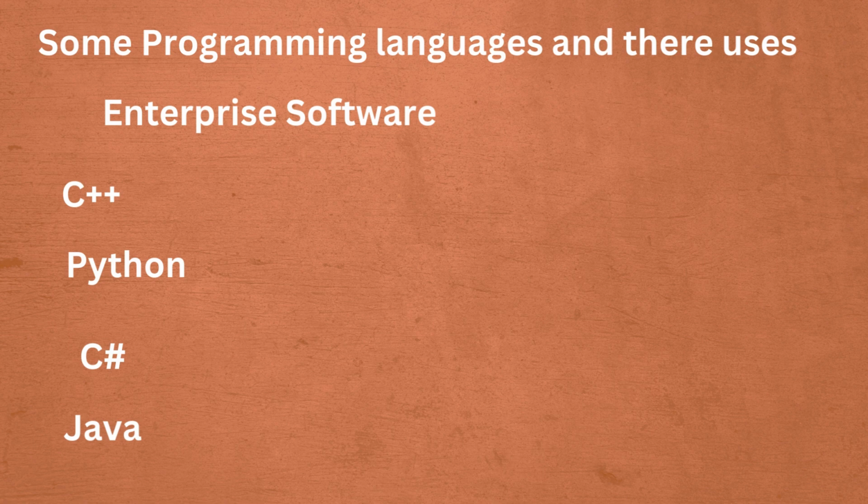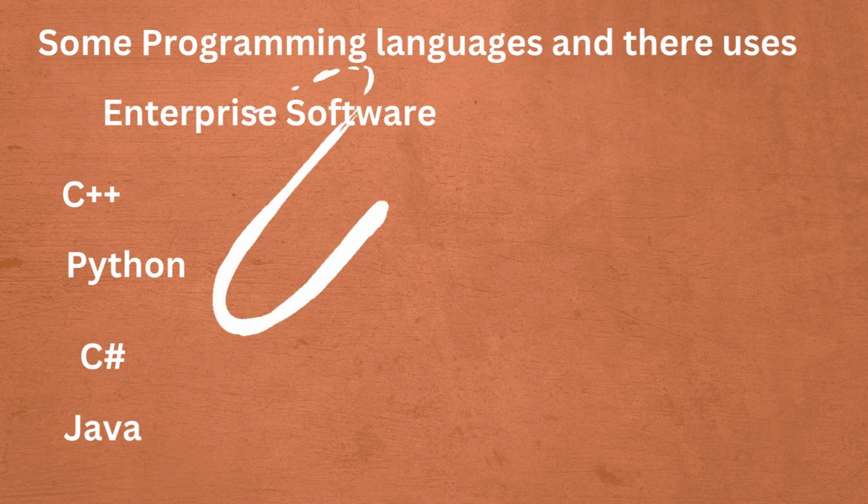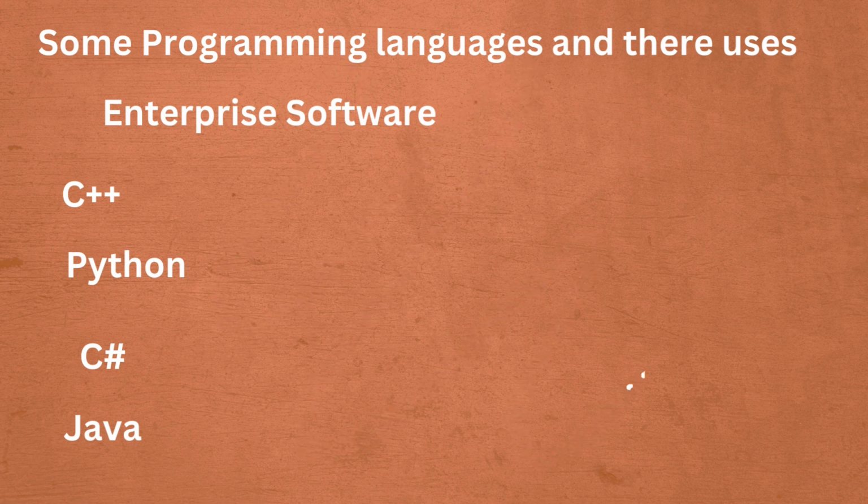Yes, C++, Python, C# and Java. They are majorly used in making advanced enterprise software, such as the operating system we are using. Even the Android operating system is being made with C++.